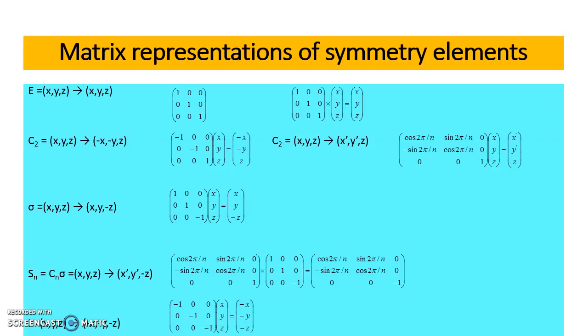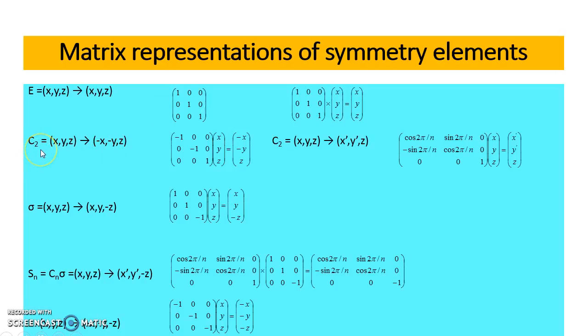So if we consider the various operations mathematically, matrix representation will be very useful to denote each of the symmetry elements. The identity element is the one which does not do anything, and hence every point in the object remains unaltered. Hence, this can be represented by a matrix which is 3 by 3, and it is a unit matrix.